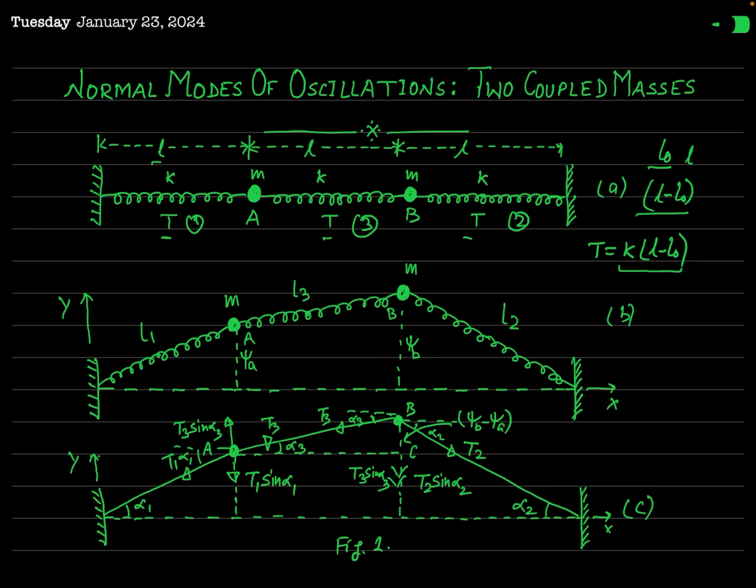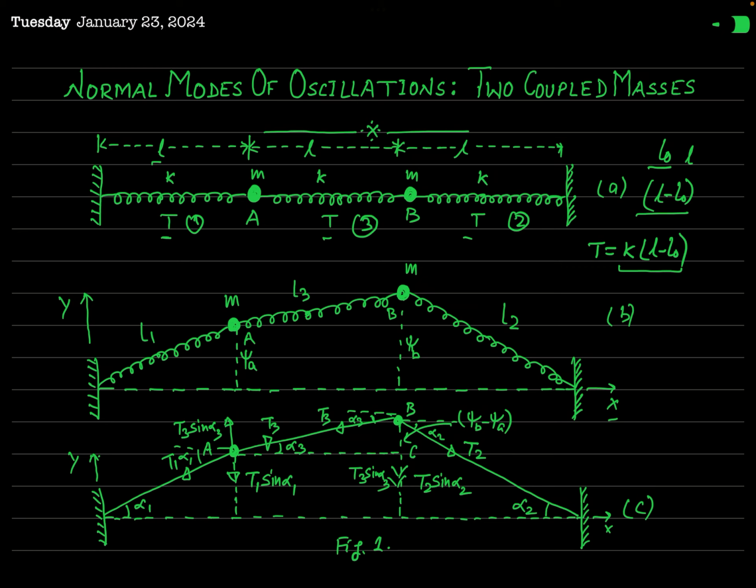You have seen that in case of longitudinal oscillation, we have to displace the masses A and B longitudinally, that is along this x-axis. But if our aim is to create the transverse oscillation of the system, we have to displace the masses A and B in a direction perpendicular to this x-axis.